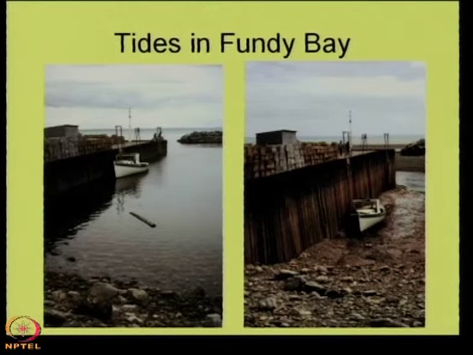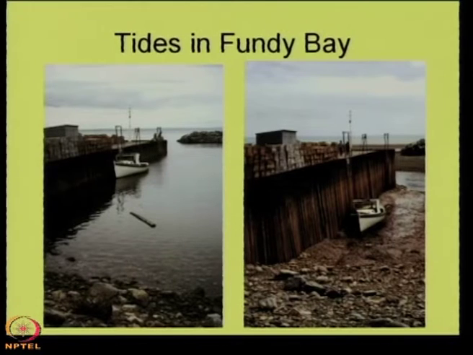We will now consider another very interesting consequence of the fact that we have this satellite, the moon, going around the earth. Okay. And this is the fact that you have tides in the sea.